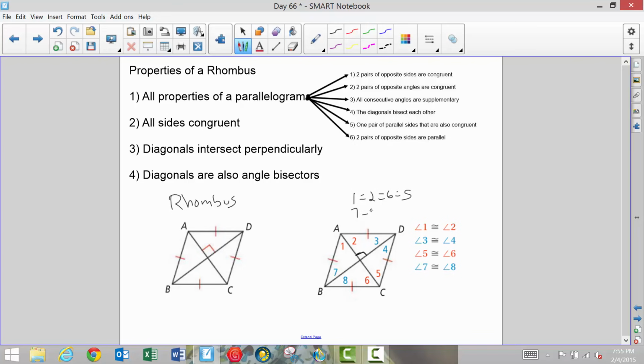And I know that 7, 8, 3, and 4 will be the same. So the diagonals will cut the main angle in half. So those are the properties of a rhombus. All properties of a parallelogram, all sides congruent, diagonals intersect perpendicularly, diagonals are angle bisectors.